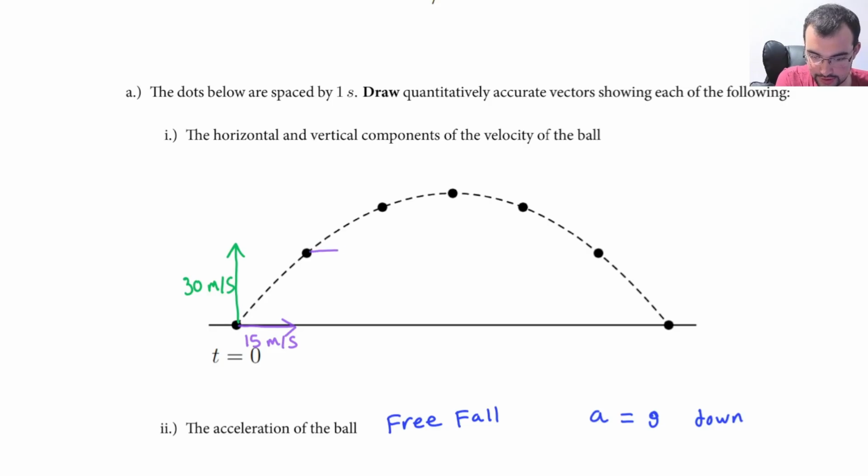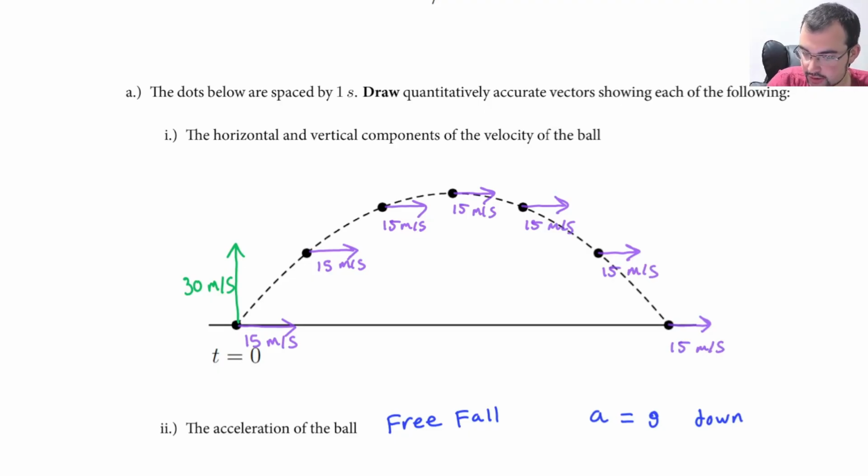So at every single point, you can automatically just fill in 15 meters per second, because our acceleration is purely vertical.